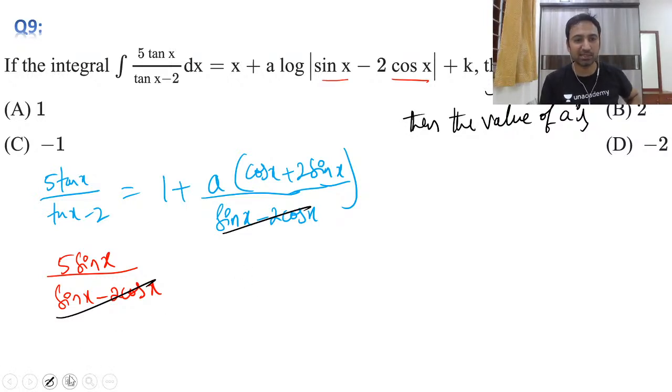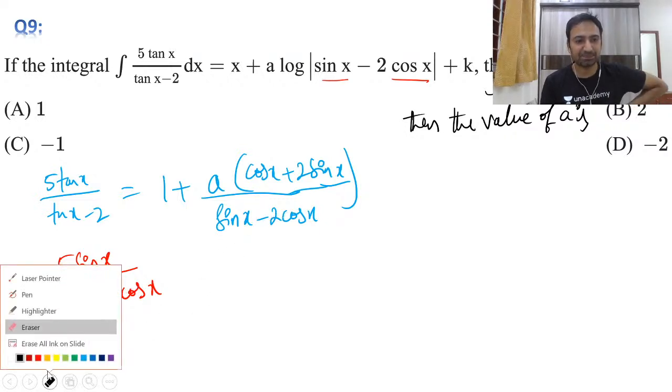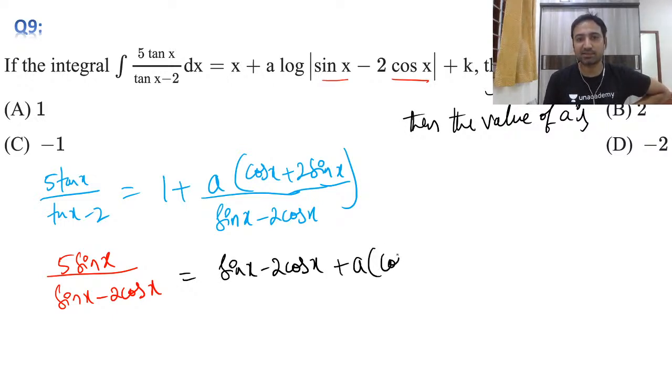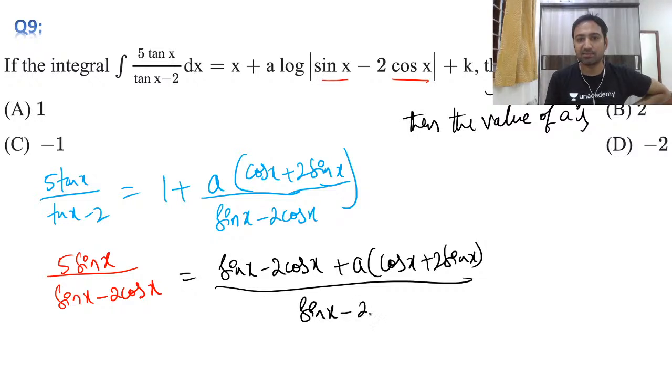Okay, so we'll do one thing otherwise. We'll take LCM, simplify and then cancel this. So let me do it this way. I can take LCM here and write it like this, over sin x minus 2 cos x.